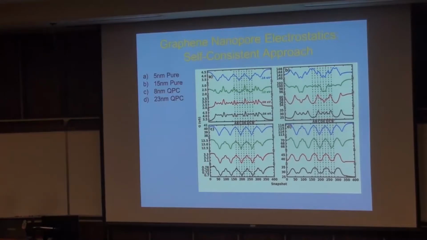Let's take the 15 nanometer QPC and the 8 nanometer QPC as an example. If the Fermi energy is very low, about 0.04 electron volts, the fluctuations in conductance as the DNA molecule is passed through are very small, only about 0.6 microsiemens.